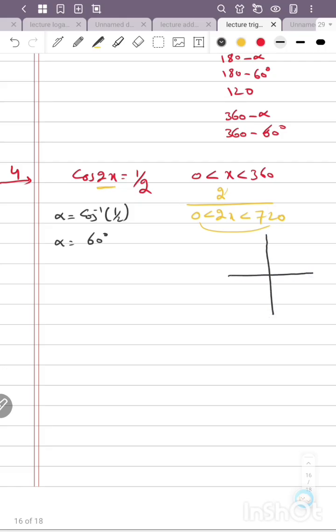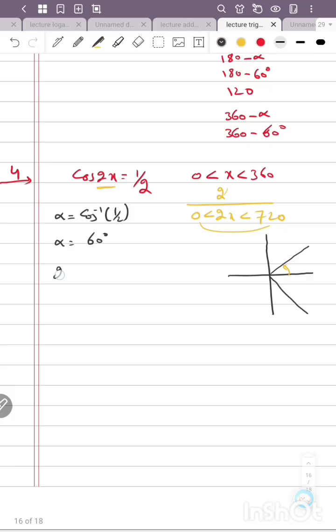Dear friends, cos is positive in the first quadrant and cos is positive in the fourth quadrant. Now how to solve this question from here? If we start from here, this will be 60.